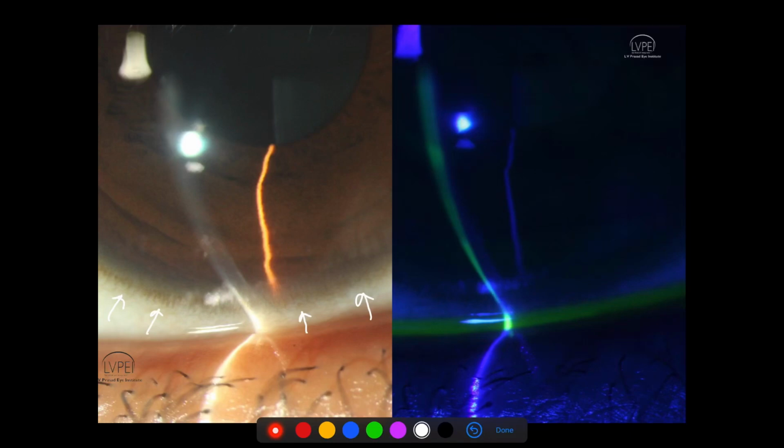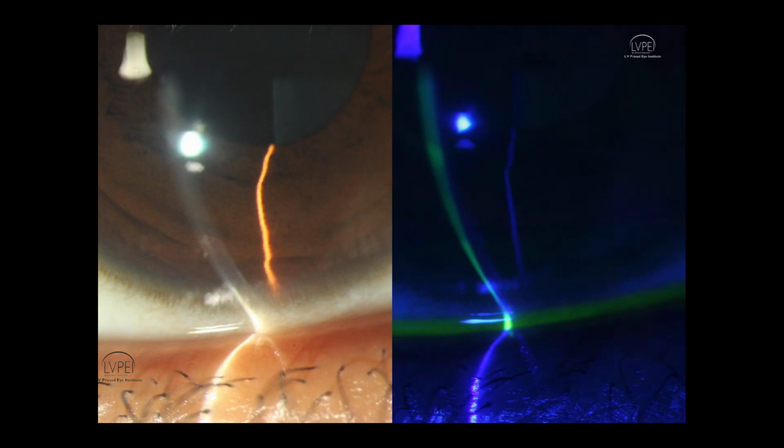So if there is something wrong with the posterior lid margin, then it directly impacts the stem cells at the limbus, and you also know that the stem cells are most populous in the superior and inferior limbus, and that is exactly where it comes in contact with the lid, and therefore the importance and relevance of the posterior lid margin in the mucocutaneous junction.